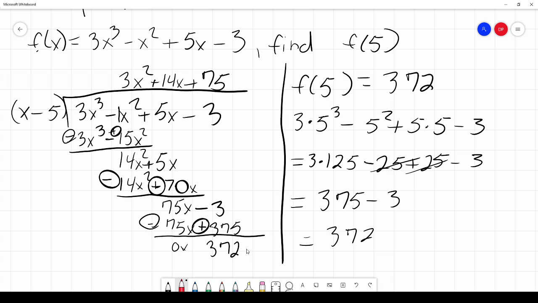So notice that we got the same thing. Okay? So that's not a proof that the remainder theorem works, but hopefully it at least demonstrates that it's very unlikely we would end up with the same number if this wasn't in fact a relationship. Okay, but I'm just introducing this today, and this is really useful for a lot of things.